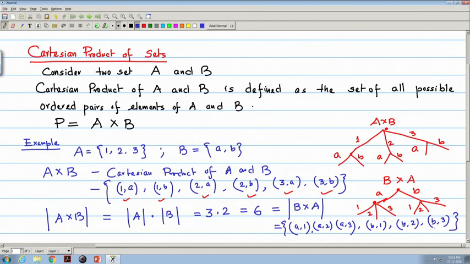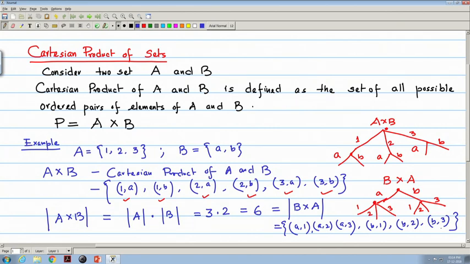So, clearly the cardinality of A cross B is the cardinality of B cross A, but A cross B is the set 1a, 1b, 2a, 2b, 3a, 3b, and B cross A is the set a1, a2, a3, b1, b2, b3.